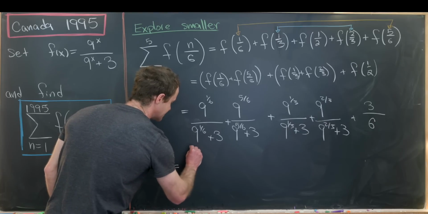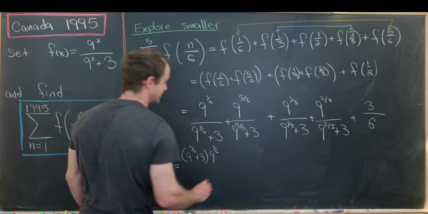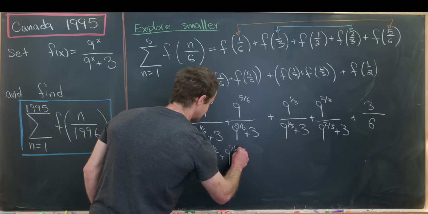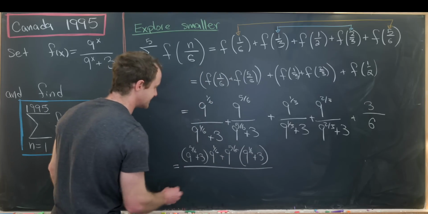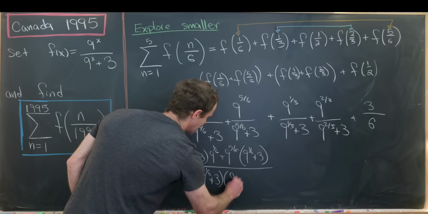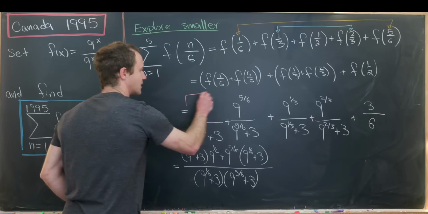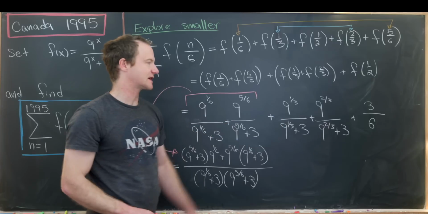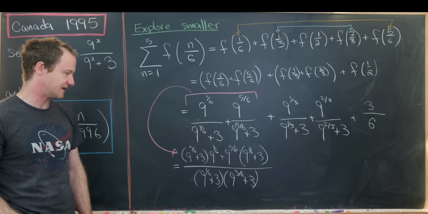We'll have 9^(5/6) plus 3 times 9^(1/6), and then plus 9^(5/6) times 9^(1/6) plus 3, and then this is all over 9^(1/6) plus 3 times 9^(5/6) plus 3. So let's just say we're working on these two terms right now. And then if we need to, we'll do a calculation on those other two terms as well, but maybe we'll see some structure just based off of this.